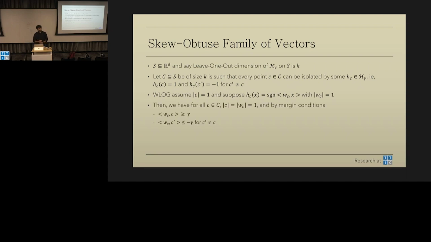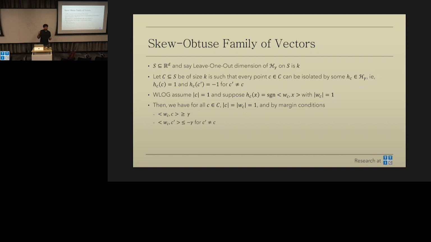Because of the margin conditions, we have the following interesting set of equations. That is the inner product of w_c and c. So what is w_c? w_c is the normal vector for the hyperplane which is isolating c. The inner product of w_c and c is greater than or equal to gamma, because gamma was our assumed angle margin.